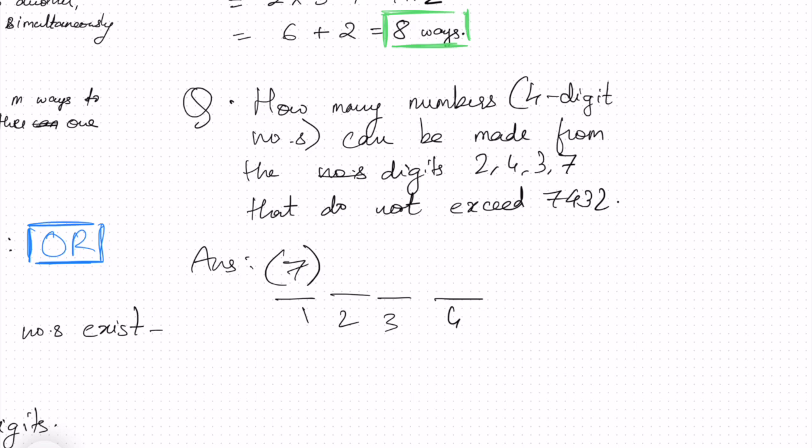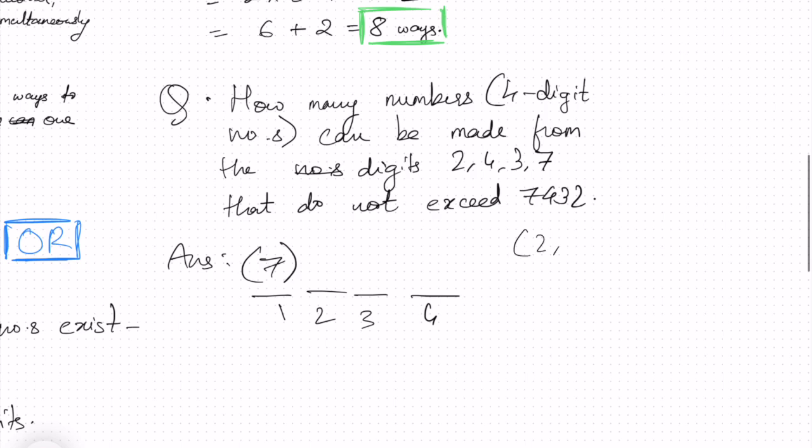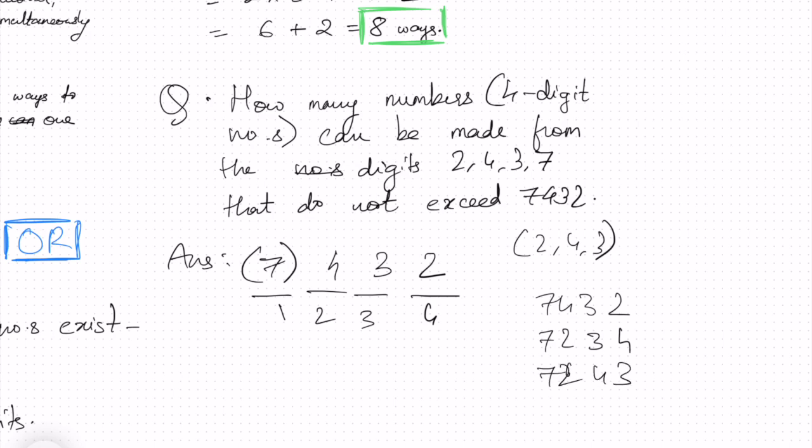But since I've used up 7, I only have 2, 4, 3 available. All of these numbers are less than 7, right? So any number I make, 7432, 7234, 7243, will never exceed 7432. It may be equal to the number, but it will never exceed 7432.